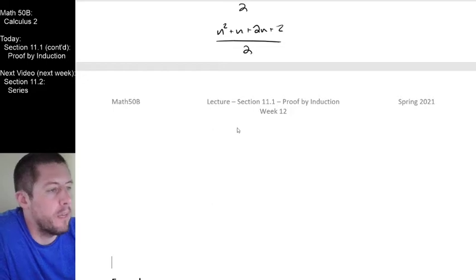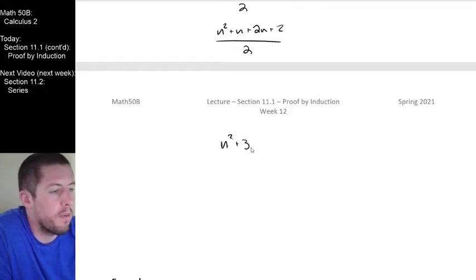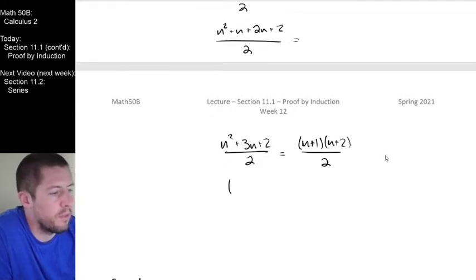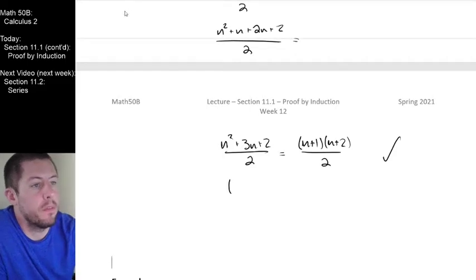And what is that really giving me here? This is n squared plus 3n plus 2 over 2. Well, I can factor this guy. It factors into (n plus 1)(n plus 2) over 2. Looks like we did it.